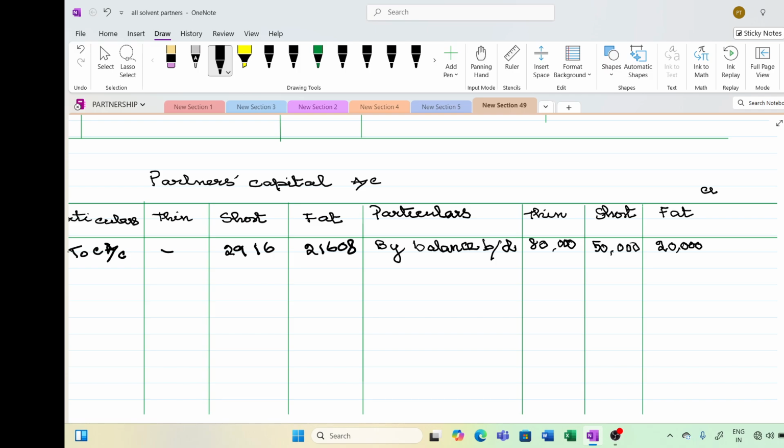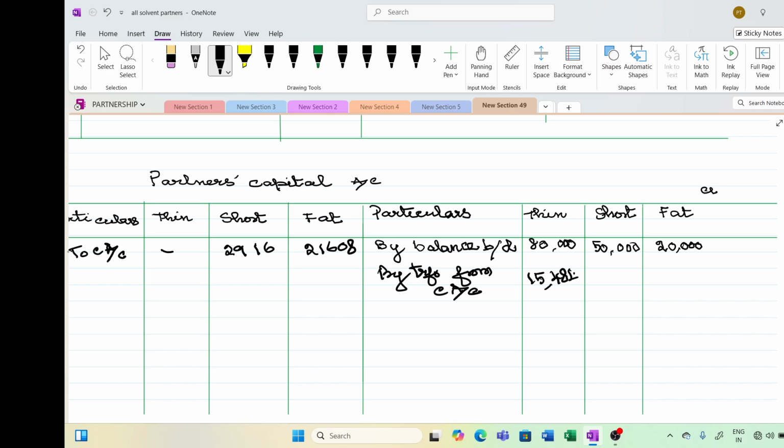This fellow was having a credit balance. So by current account, by transfer from current account, after adjusting the realization loss, 15,484. Okay. So now this is also done.